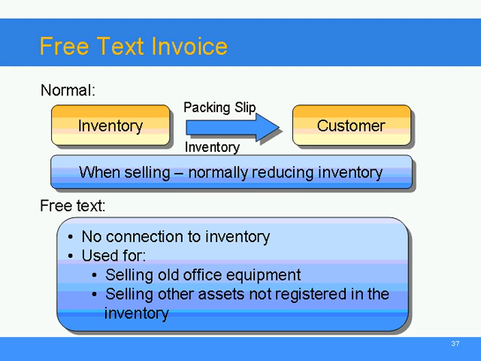You can post your confirmation document, packing slip, invoice document, and when selling, normally reducing inventory. In a free text invoice, you have no connection to inventory. You cannot post the packing slip, confirmation document or sales order document. You can use a free text invoice for selling old office equipment or other assets not registered in the inventory.